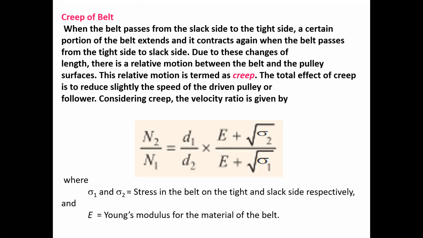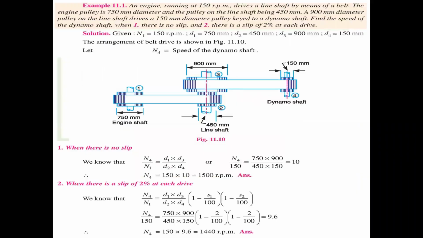Now we will see one problem regarding the slipping effect. An engine running at 150 rpm drives the shaft by means of a belt. The engine pulley is 750 mm dia and the pulley on the line shaft is 450 mm.